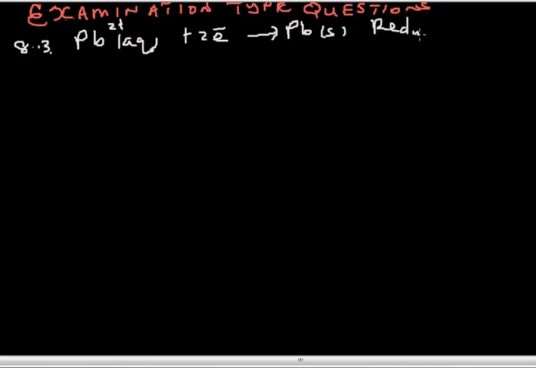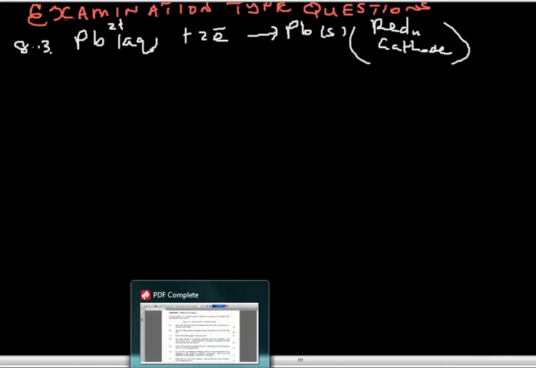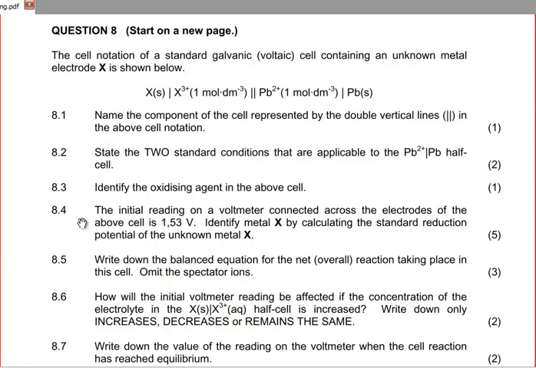This is a reduction reaction, which happens at the cathode. As we can see, our Pb2+ is being reduced to lead solid by the addition of 2 electrons. So our Pb2+ is acting as the oxidizing agent.